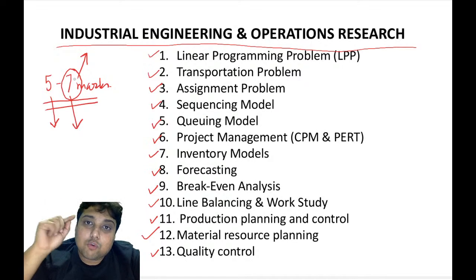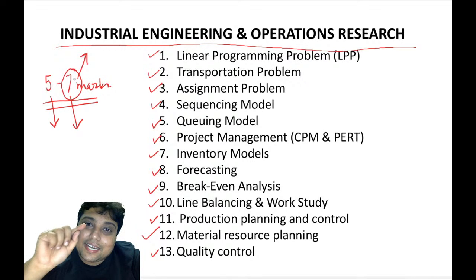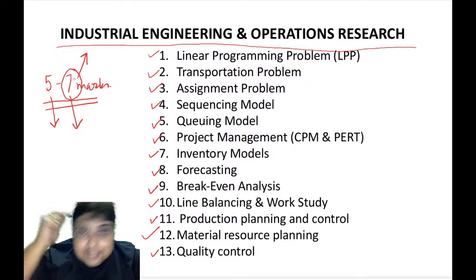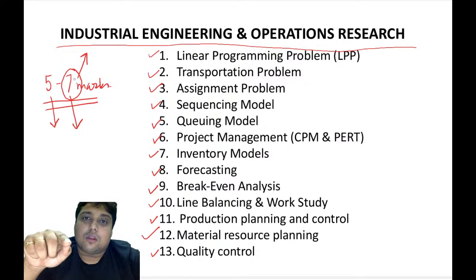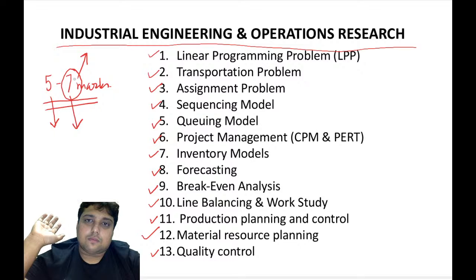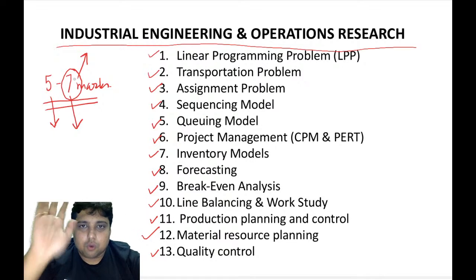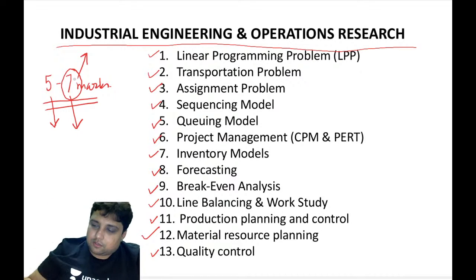If you listen to me carefully, each and every word that comes out from my mouth, if it is going inside your ears and getting processed in your brain, you are going to benefit from this module. That's it. So concentrate 100%. Okay. 5 to 7 marks.